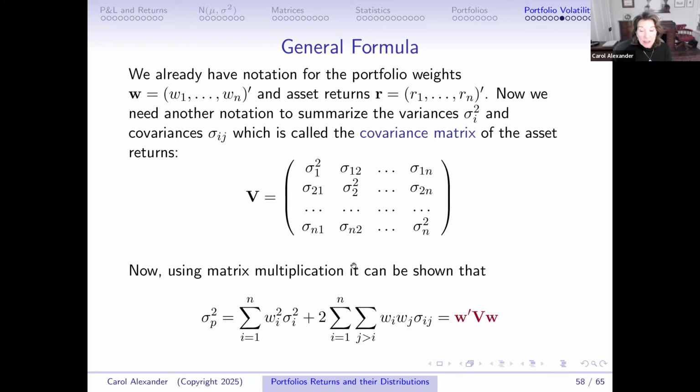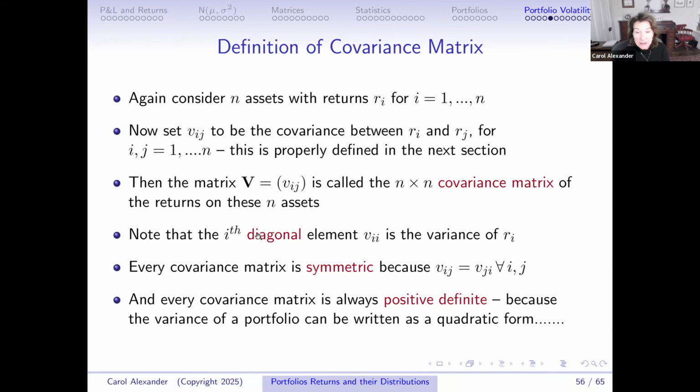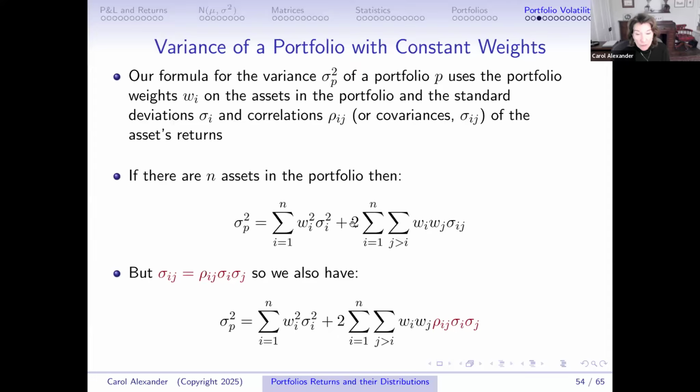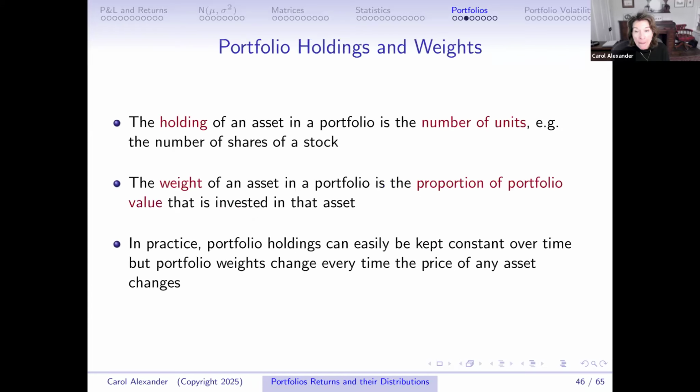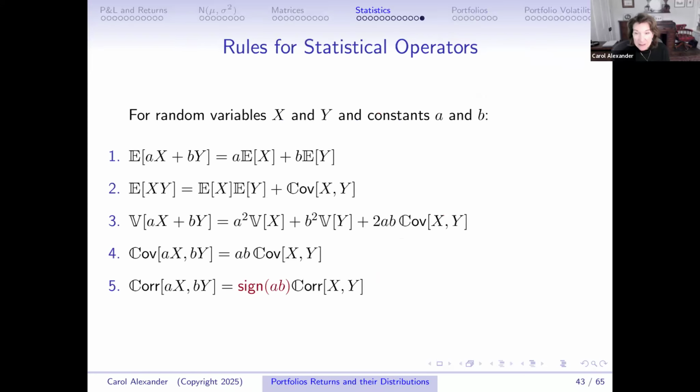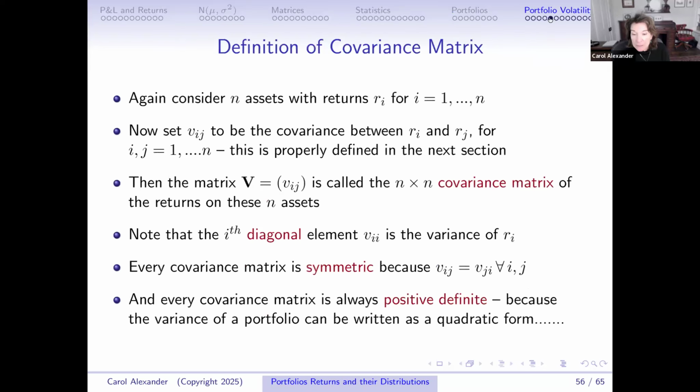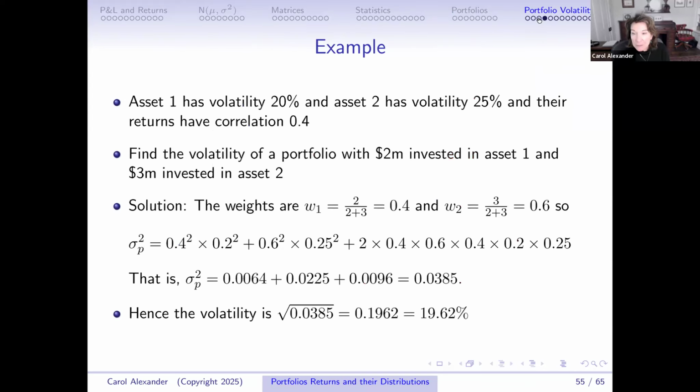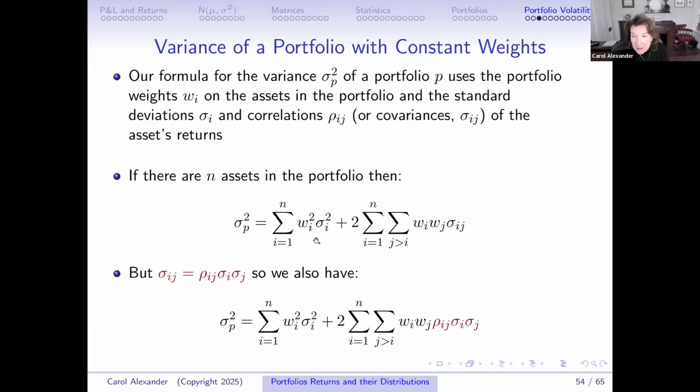And then using matrix multiplication, it could be shown that this formula that we saw previously for the variance of a portfolio, which itself was based on this statistical operator, this rule 3, gave us the formula here.